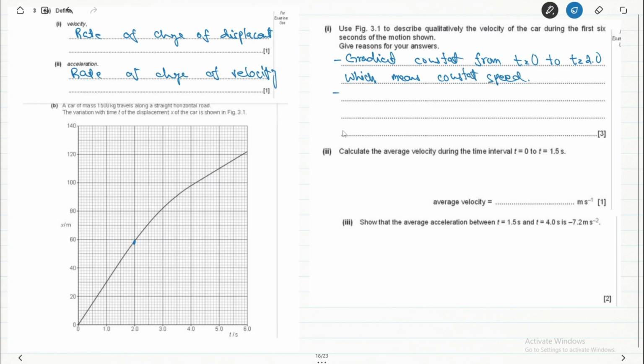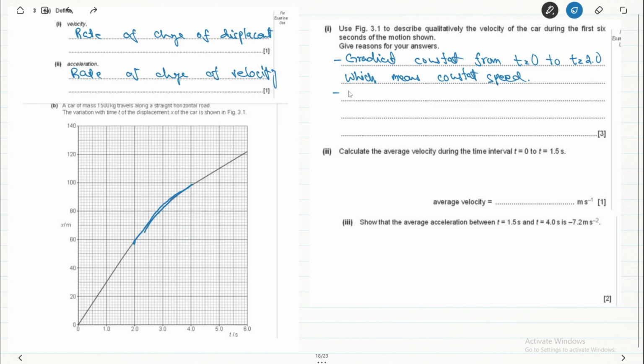Now, the second thing is the gradient after this, you will notice is something like this. This is a curved gradient. This is an increasing curve and this is a decreasing curve, right? So this one resembles a decreasing curve. So this means that velocity is decreasing.